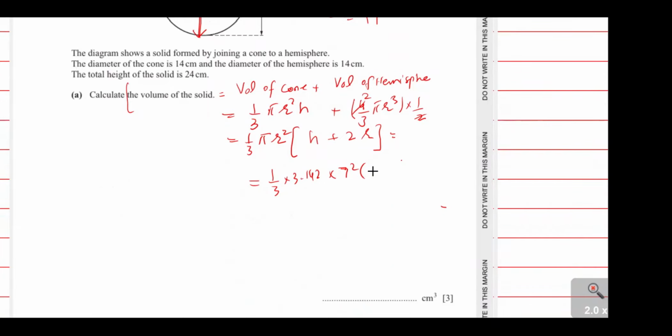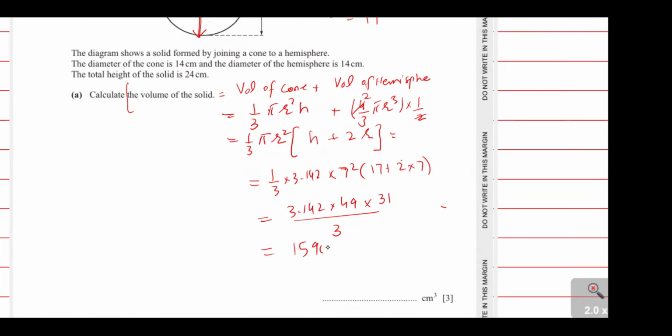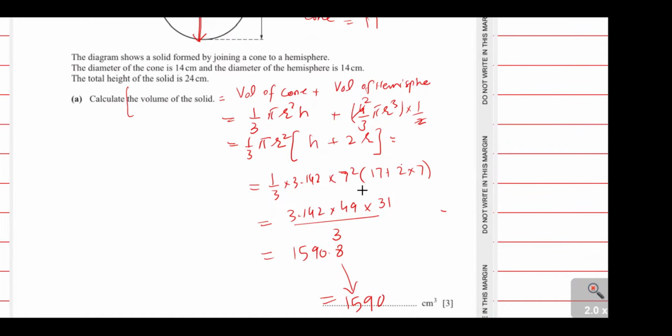And therefore we write here 17 plus 2 into r is 7, and we can write this 3.142 into 49 into 17 plus 14 is 31 divided by 3. This will be equal to 1590.8 and 1590 will be the 3SF value and this is the volume of the solid.